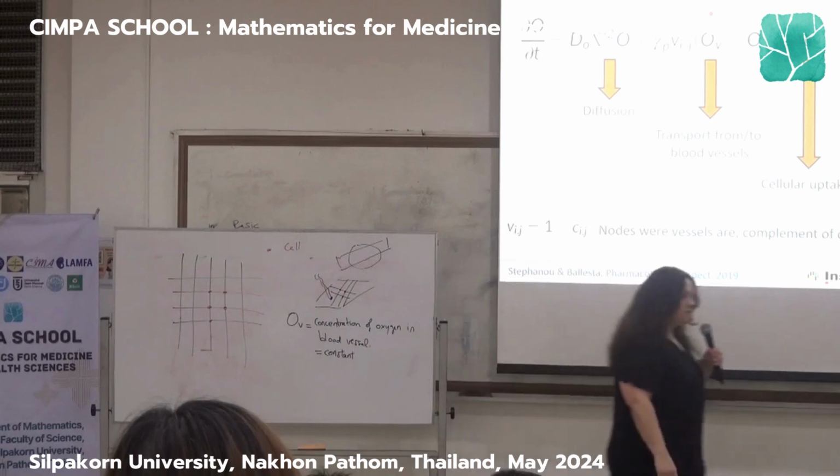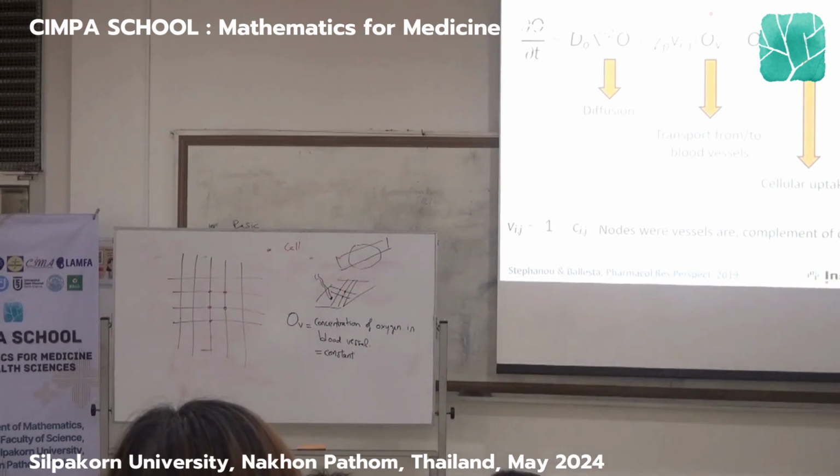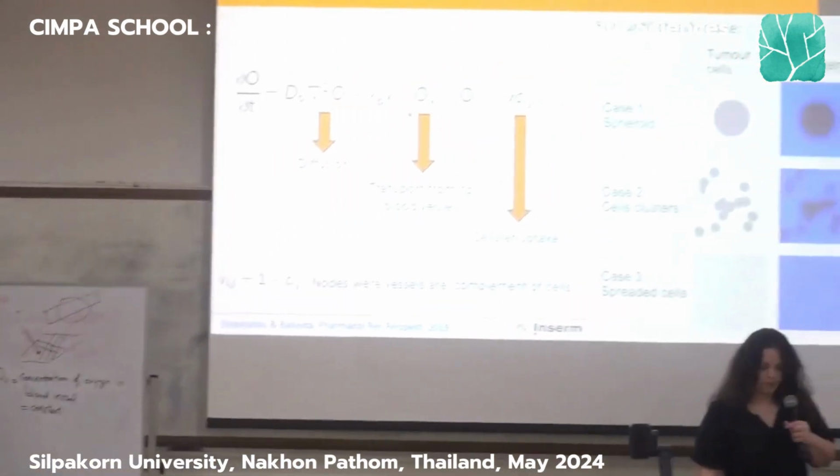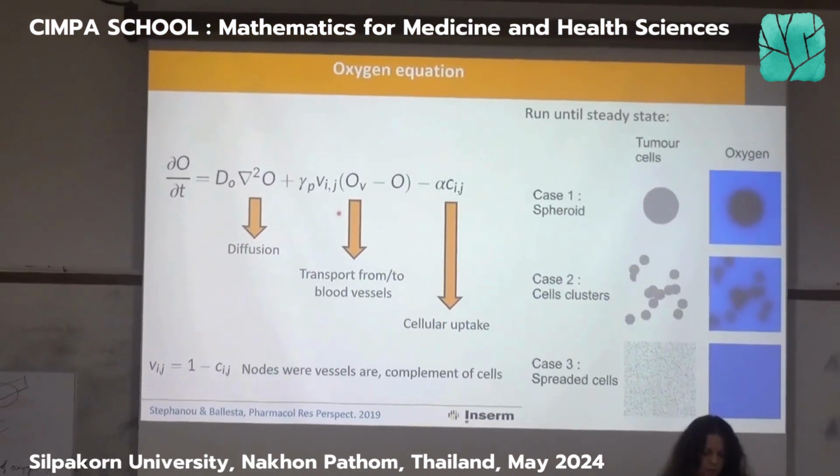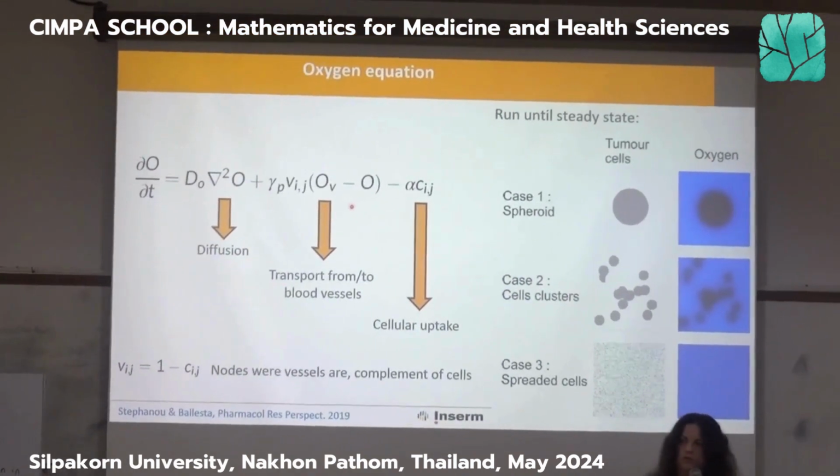So basically the second term is just the application of the Fick law that we have seen yesterday and the day before, where you have oxygen that will go towards the cells and that will follow basically the difference between the concentration. So O will be the concentration at the spatial point, and O_V will be the concentration in the blood vessels.